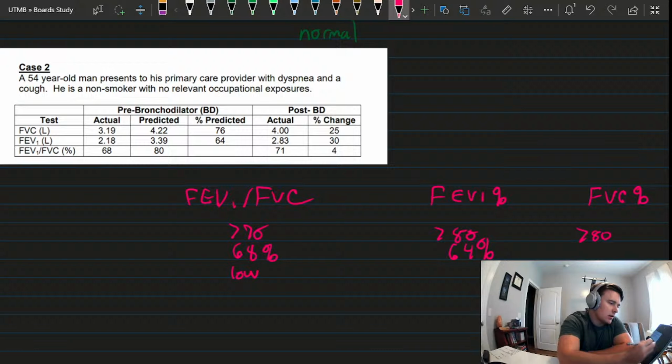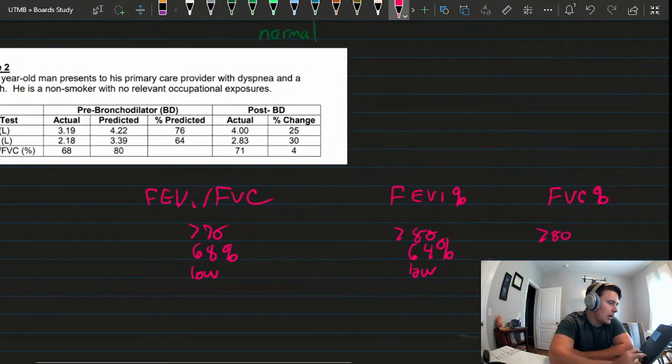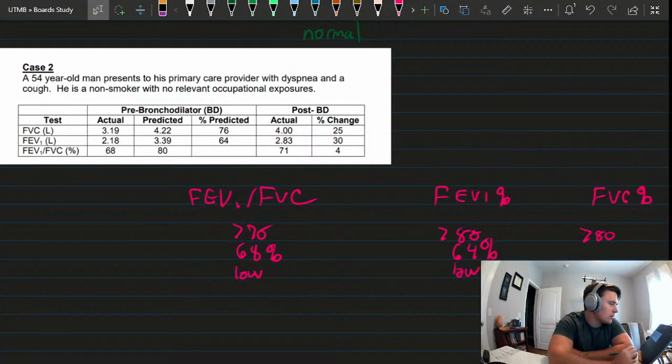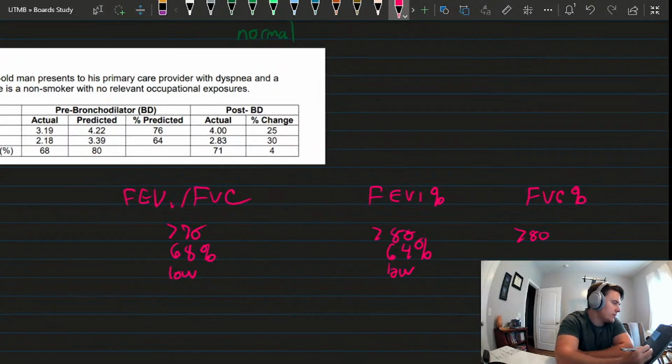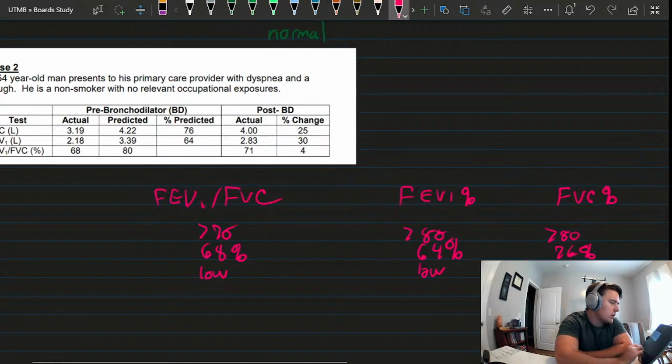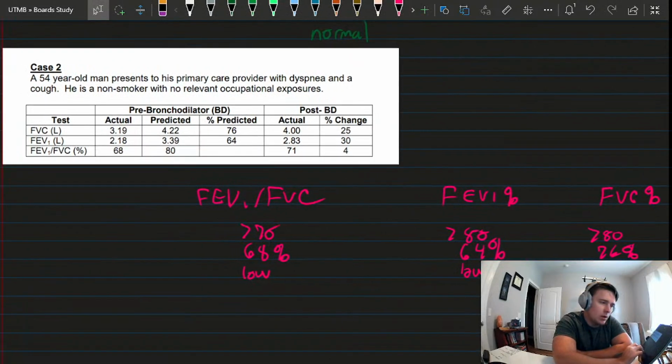So since it's low, again, I'm thinking obstructive. And FVC, forced vital capacity, FVC is 76%. So it's a little low, but it's not as low as the FEV1.